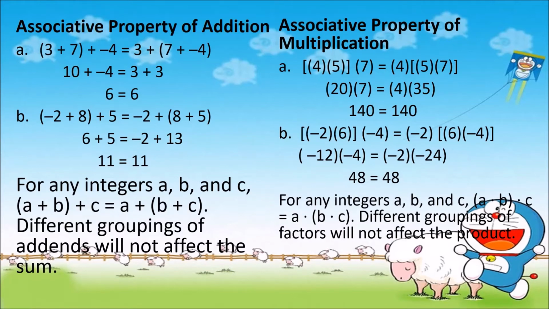Once may nakita po kayong groupings, hindi po nabago ang pwesto ng bawat addends at bawat multiplicand and multipliers. Therefore, that is associative property of addition and associative property of multiplication. So, I hope maliwanag po ang tinatawag na associative property of addition and associative property of multiplication.